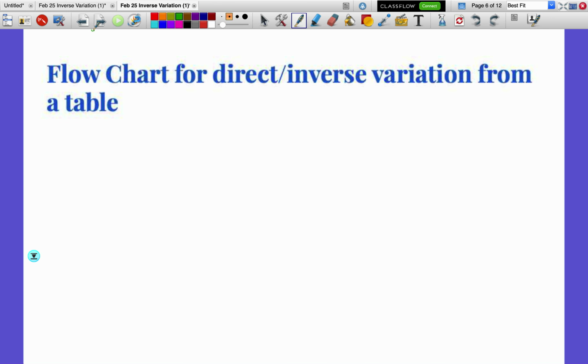All right, so what if I've got a table? How can I tell if I've got direct or inverse variation? Here's what we're going to do. We're first going to multiply pairs of x and y.